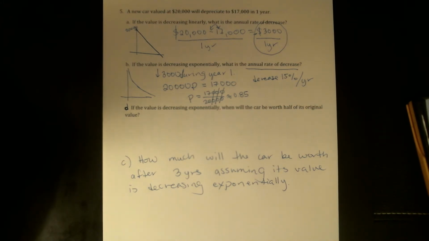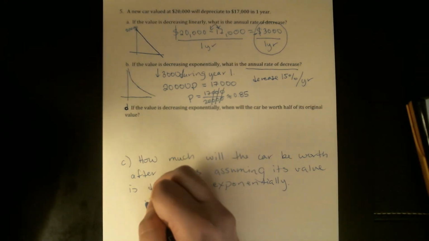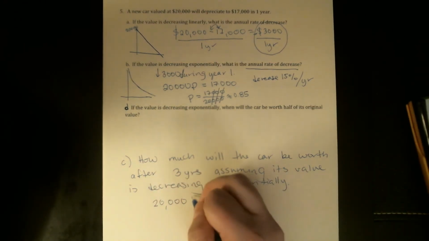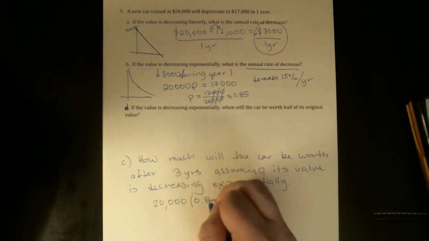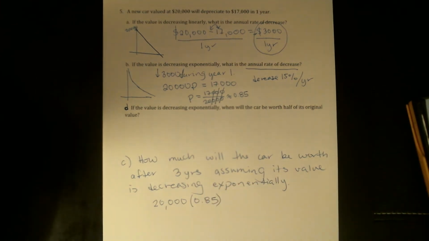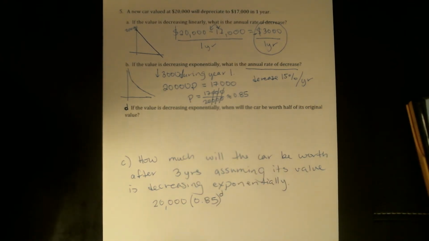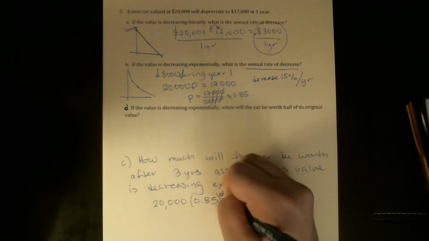If the car's value was initially $20,000, and that's decreasing by 15%, meaning I multiply by 0.85 every year. Let's use Y for number of years.